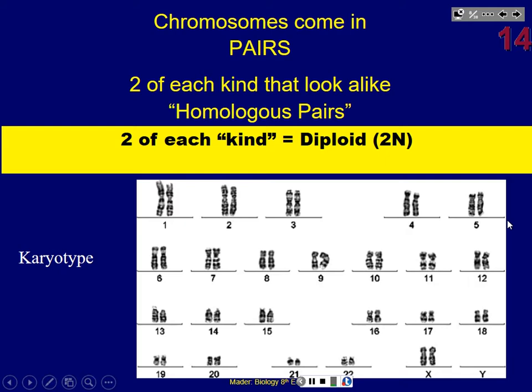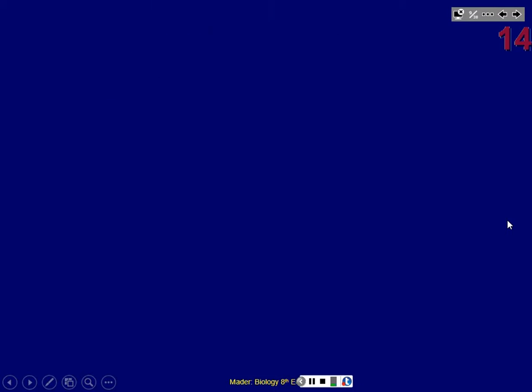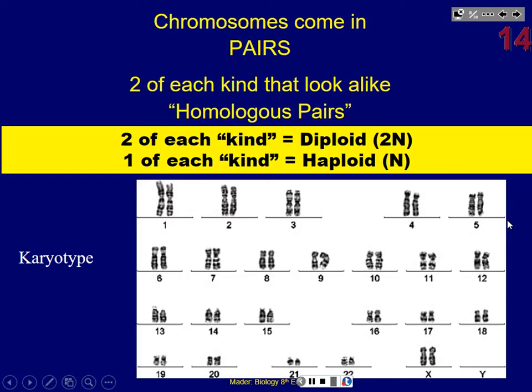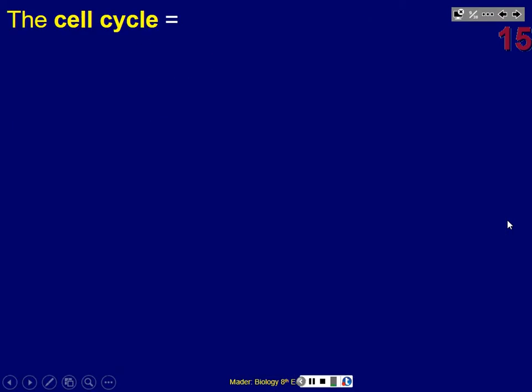Well, when we only have one of a particular kind of chromosome, that egg and that sperm are referred to as haploid. So one of each kind is haploid. Okay, everybody good? Yes. Okay.